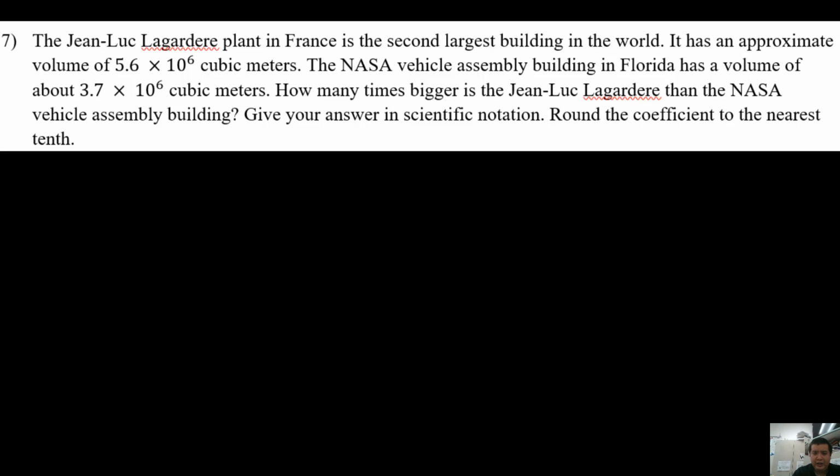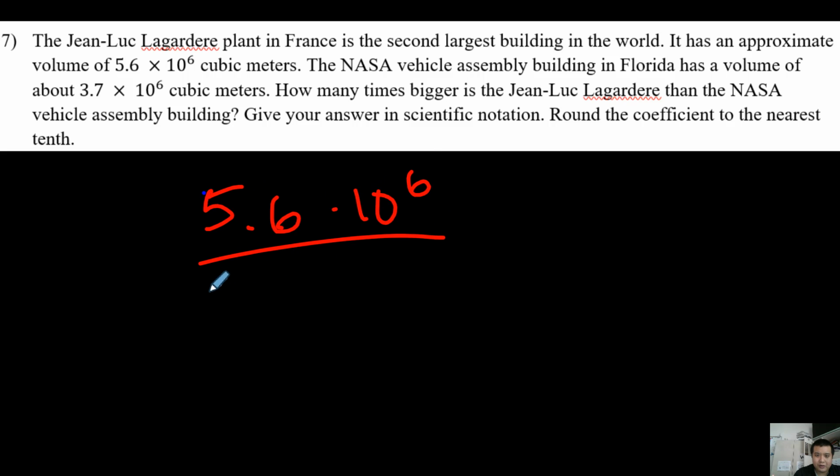Here, what we're going to do is find out how many times bigger is the Jean-Luc Lagardère than the NASA Vehicle Assembly Building. So we're going to take the value right here and divide it by this value right here. So we got 5.6 times 10 to the 6th over 3.7 times 10 to the 6th.